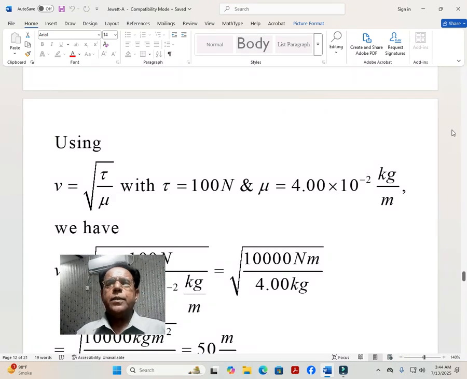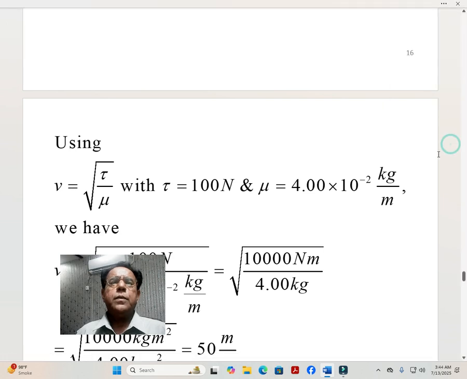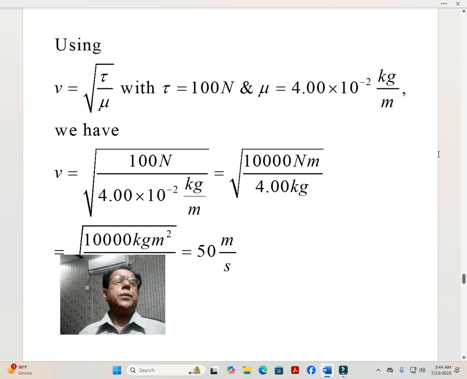Okay, using speed v equal to square root of tension tau over mu, mass per unit length, with tension tau equal to 100 Newton and mu equal to 4.00 into 10 raised to power minus 2 kilogram per meter.